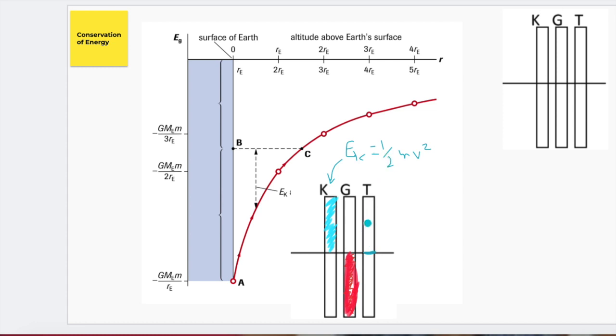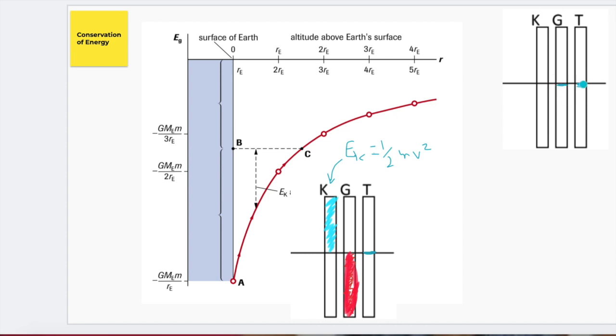Now, some far, far distance away, let's say the rocket is actually able to escape from the Earth's gravitational pull. In that case, it's very far away, and if it's very far away, then by definition its gravitational potential energy is 0. The total energy is the same as it was over here, so that'll be 0 as well.